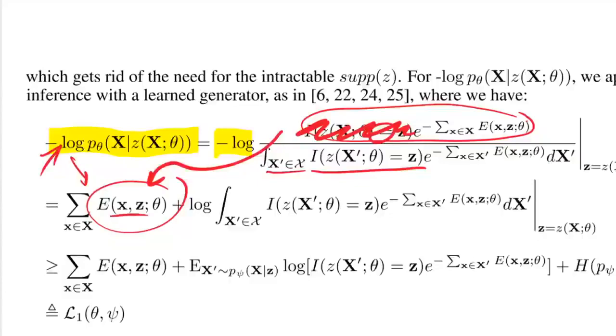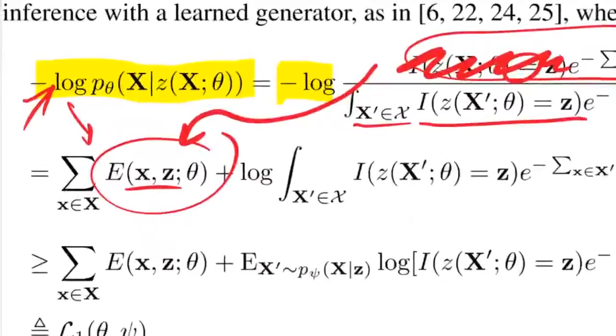Okay, and this is now the case when it comes to data from the data set. So when X and Z come from the data set and E is your discriminator, then you want to make the output of the discriminator really small, which means that you want to train the discriminator to say, I'm really, really happy that this particular image comes together with this particular identity encoding.